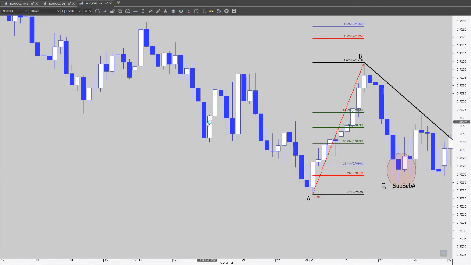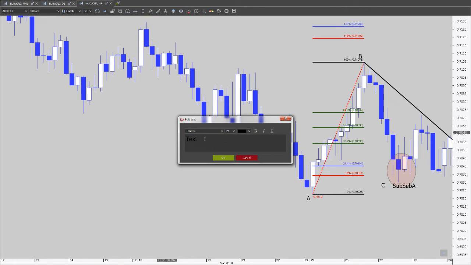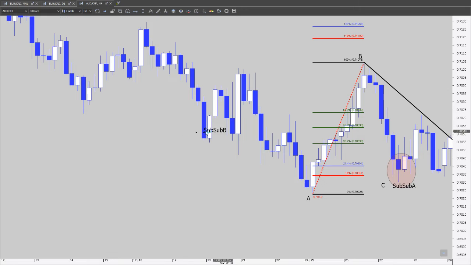Now, I'm going to use the same rules. If this is the sub A, where is the first sub B? The first sub B is going to be the first high as soon as possible after the sub A, right?